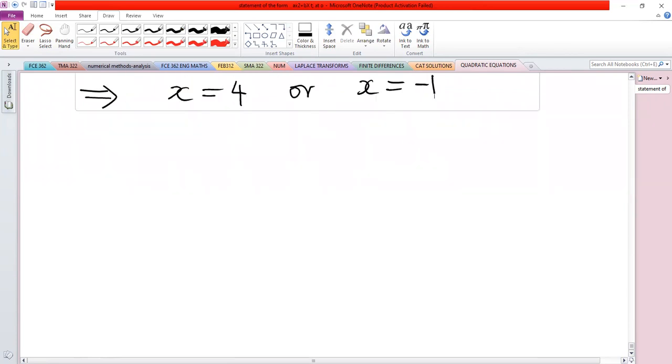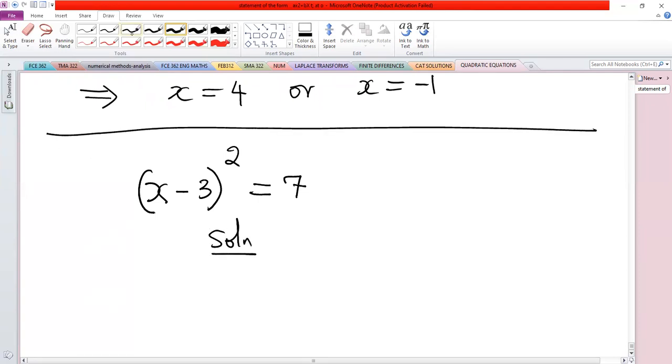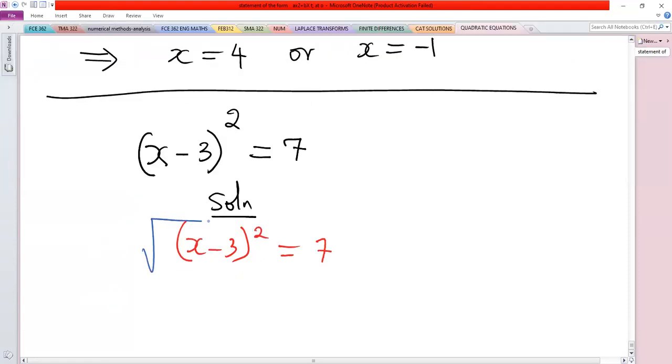And another one of the same type, if you are given x minus 3 squared equals 7, then solution for this: simply write x minus 3 squared equals 7, and then apply square root on both sides. Square root, plus or minus.